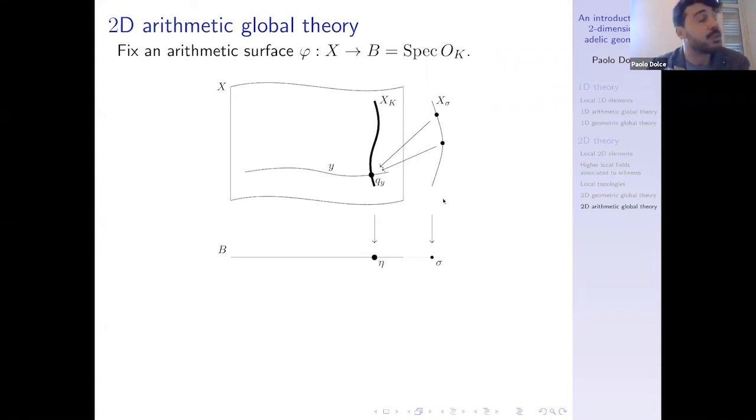And what happens? Here you can start doing an Arakelov theory of intersections. Let's say that you have a horizontal curve. A horizontal curve meets the generic fiber at a point. We assume the horizontal curve is again integral. And then the base change gives, again, a map from the fiber at infinity to the scheme. So the result is that this point here will have some counter images here.